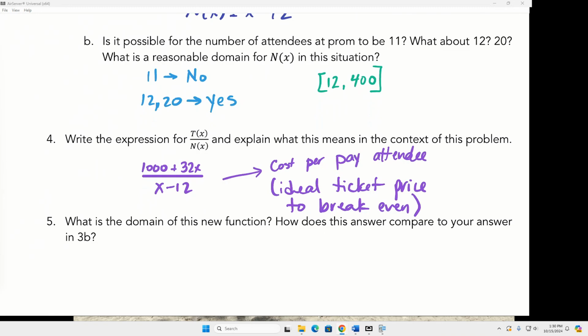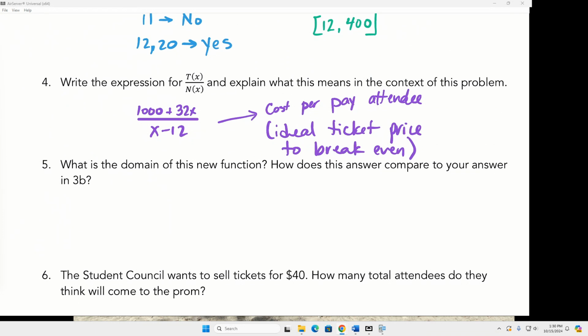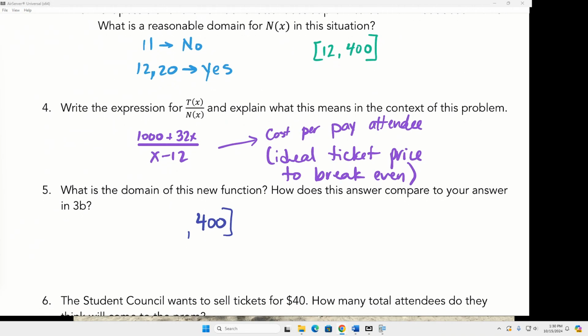Okay, and then for number 5, we want the domain of this new function. So there's still a maximum of 400 people that can go. But for this new function, can 12 people attend? What happens if this is a 12?